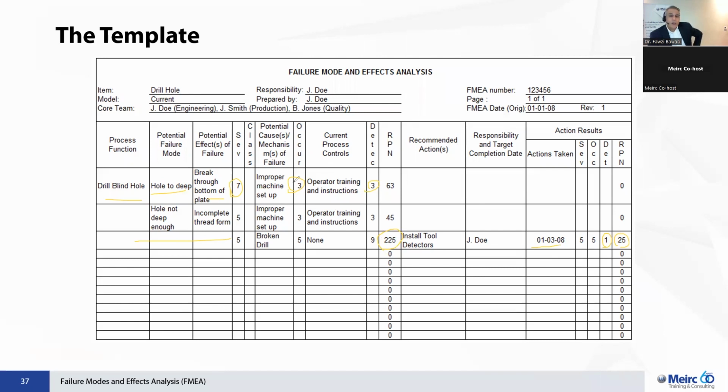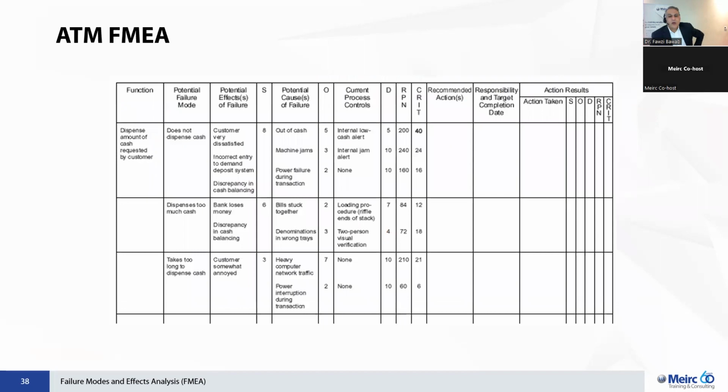And we continue looking at this document, trying to reduce the RPNs as we go. So this tool gives you the teamwork, the cross-functional advantage, the analysis of the processes you're interested in that are critical to your clients, using a number of tools like the RCA, and then assessing the risk from different perspectives.